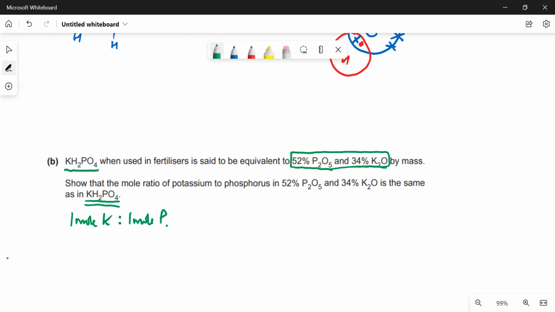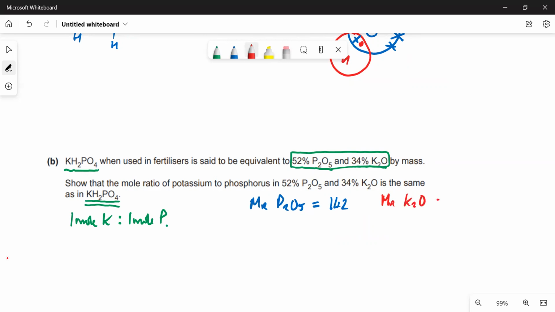Let's get the MR of P2O5 first of all. MR of P2O5, phosphorus is 31, oxygen is 16, so that gives us 142. And let's get the MR of potassium oxide.